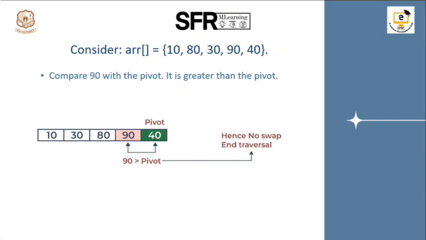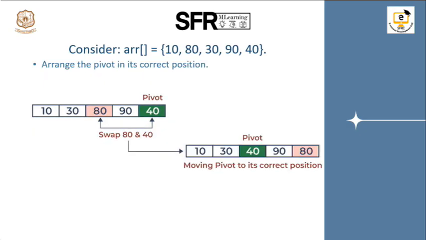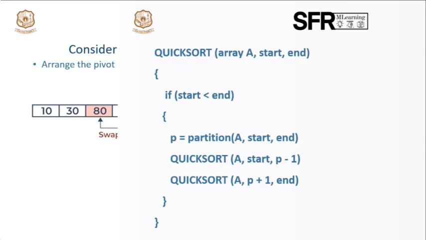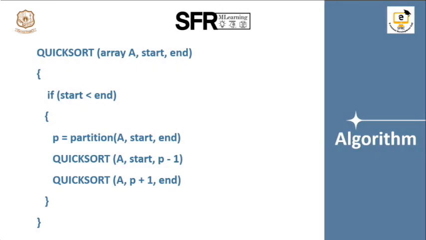Next, compare 90 with the pivot, it is greater than the pivot. So, no swap, and finally end the traversal. Finally, arrange the pivot in its correct position.